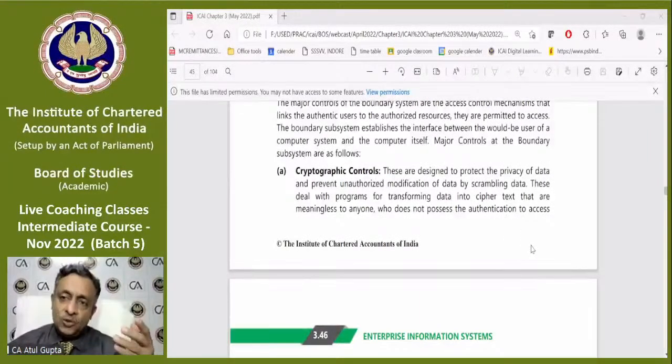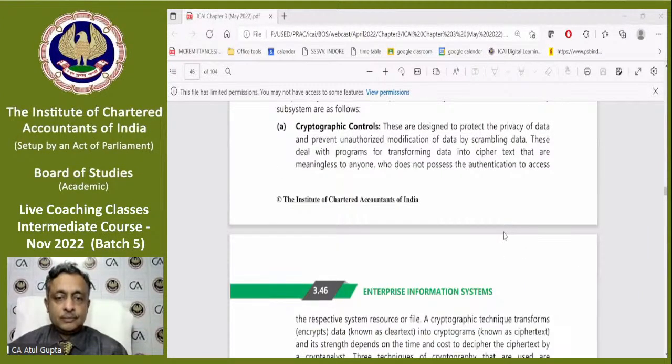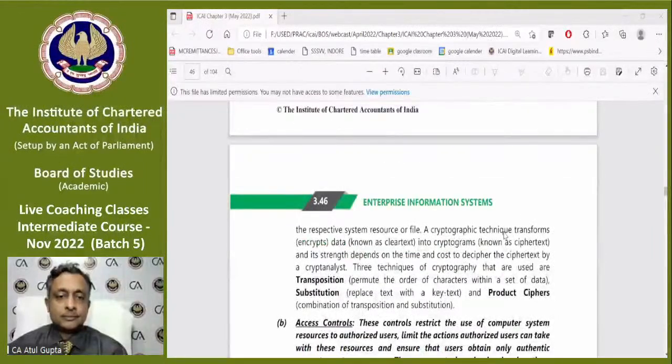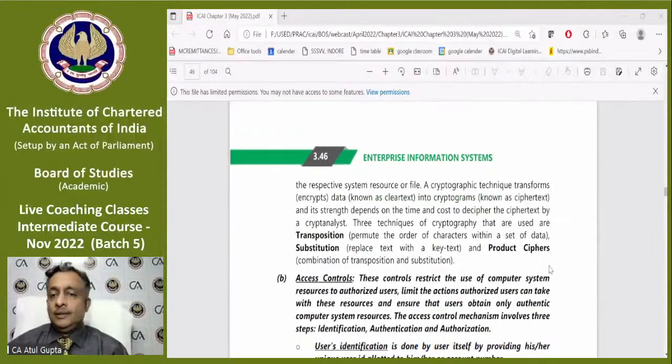It will have some meaning to the user. Then these are cryptographic techniques. Just remember the names: transposition, substitution, product ciphers.